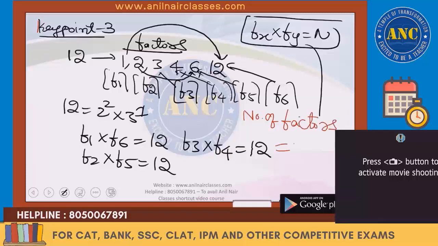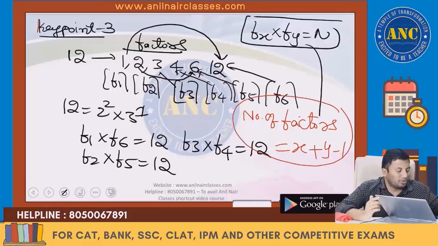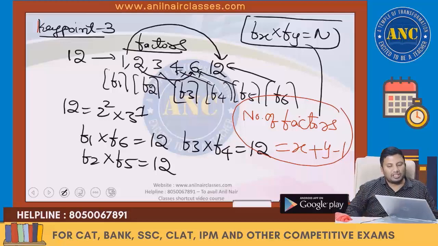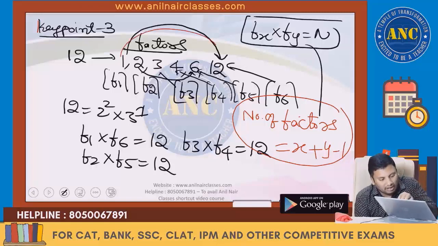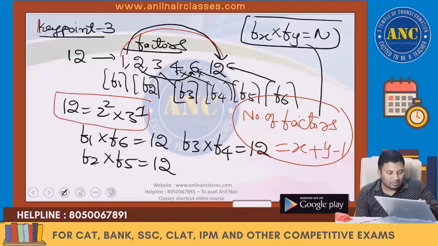Please make a note of it. 12 is 1 into 12. First factor and the sixth factor: 1 plus 6 minus 1, 7 minus 1 is 6. Total it will have 6 factors.